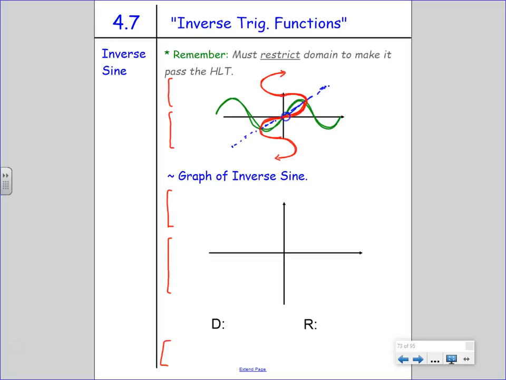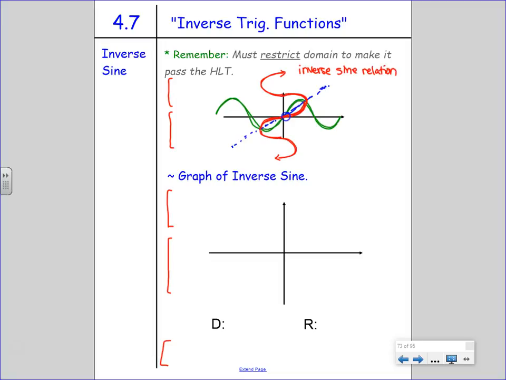We can keep on going, but we'll just stop and say, okay, we got two of them, right? Okay, that's kind of fun. Kind of cool. So if this is inverse sine, this is an inverse sine relation.